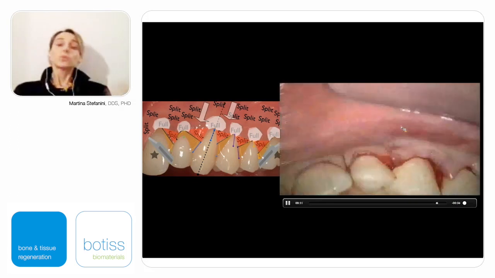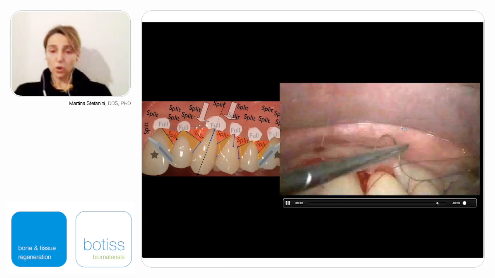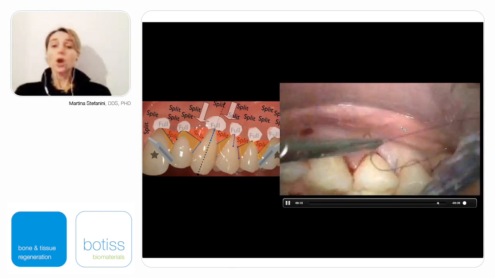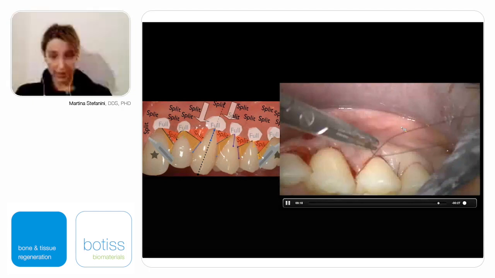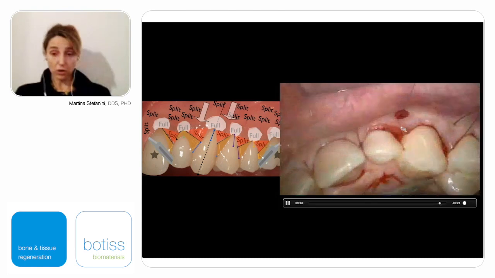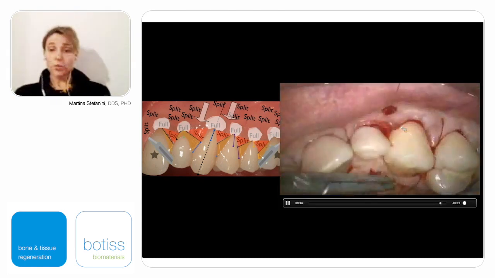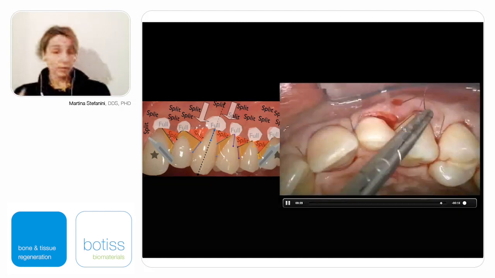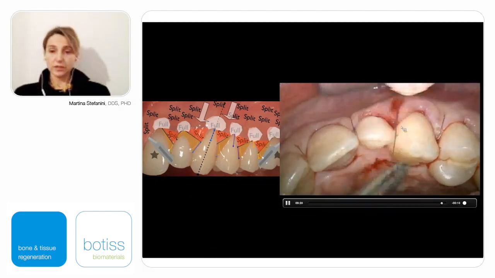We want to see the complete closure of the flap without any bleeding, and we want to completely cover the matrix. We don't want to leave any portion of the matrix exposed, because if the matrix remains exposed, it will be lost during the immediate post-operative period.